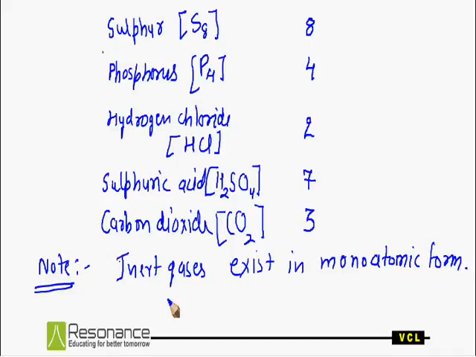So we can say that the atomicity of inert gases is 1. For example: helium, neon, argon, krypton, xenon, radon. These are inert gases and exist in monoatomic form. So we can say that the atomicity of these gases is 1. It means these are monoatomic gases.